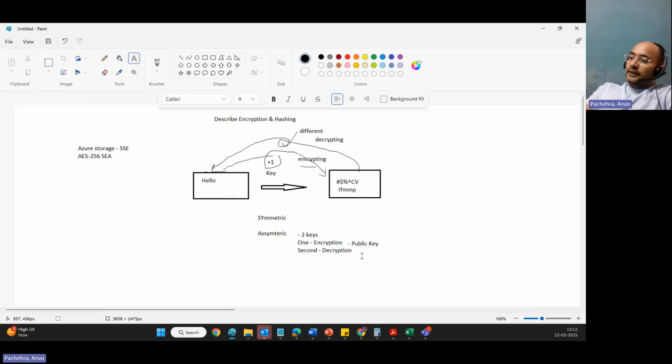Only the person who owns the private key, which is paired with this public key, can decrypt the data encrypted by the public key. So we have two kinds of keys, public key and private key. Public key will encrypt and private key will decrypt. Public key is accessible by everyone, but private key is only accessible by its owner.